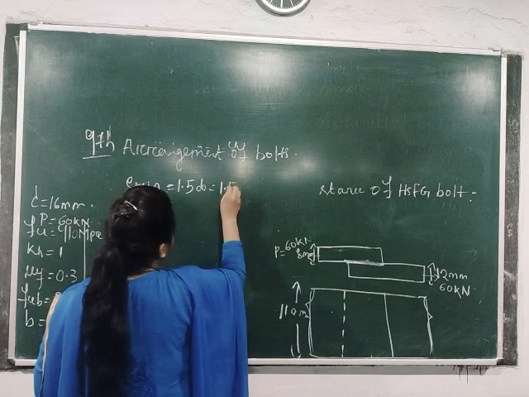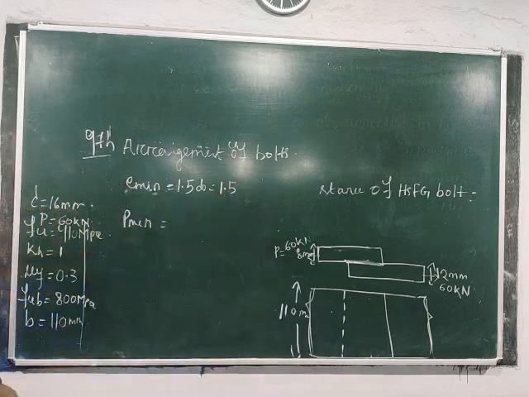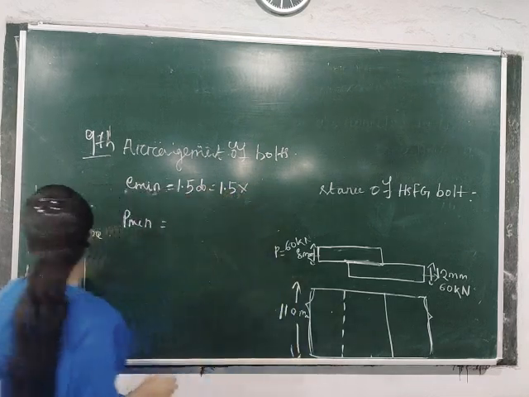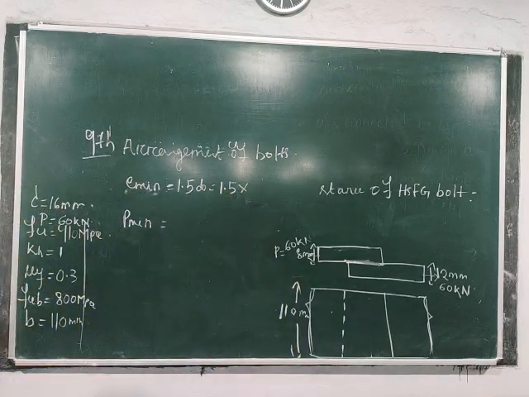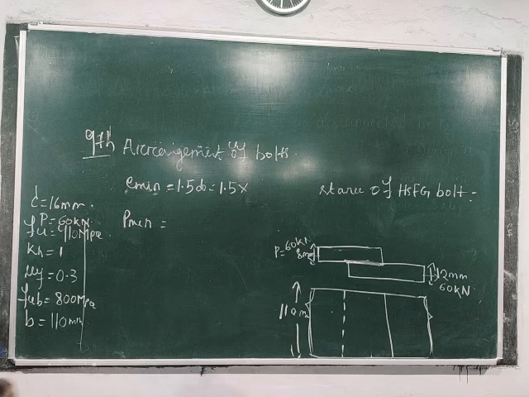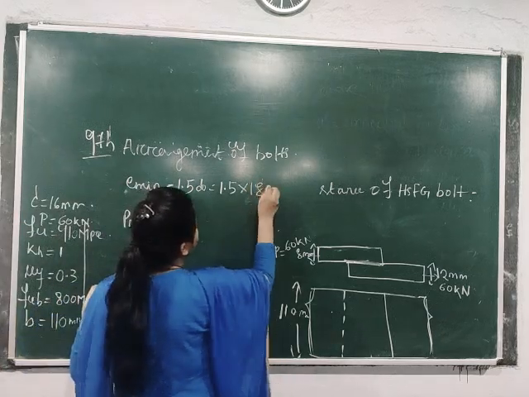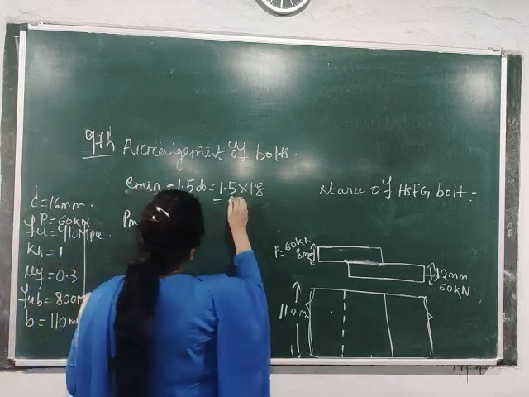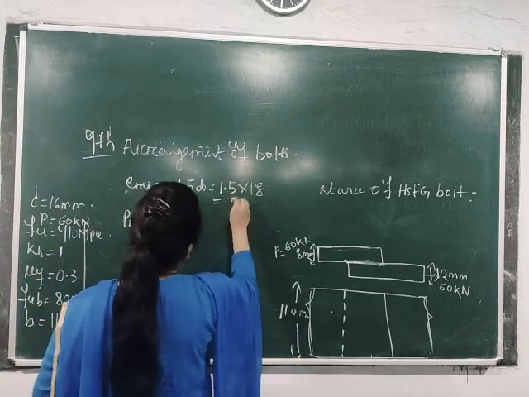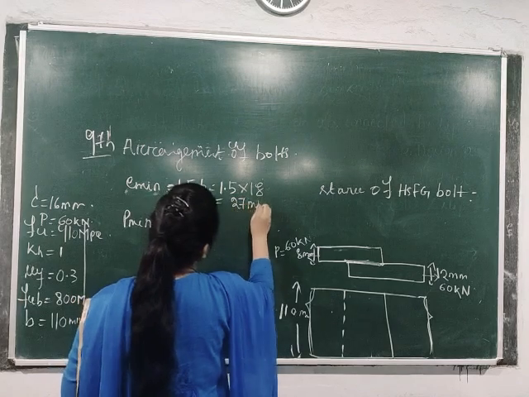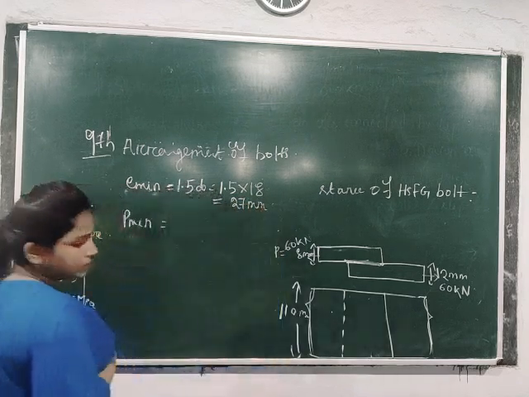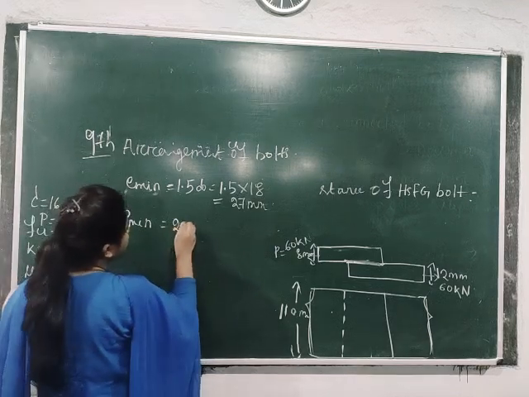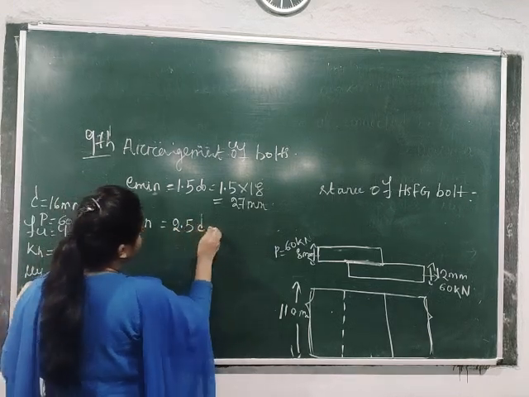Okay, so d nut is the bolt hole diameter. Here the diameter of bolt is 16 mm, so the bolt hole diameter will be 18 mm. So it is coming 27 mm. And here the minimum pitch distance is 2.5 into diameter of bolt.